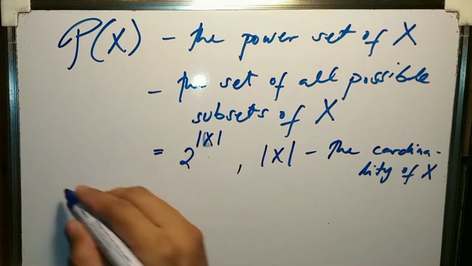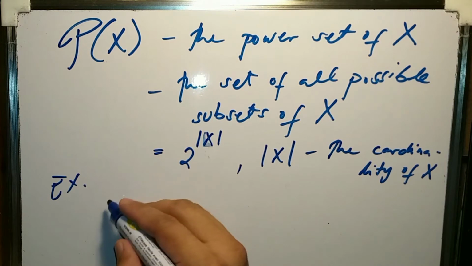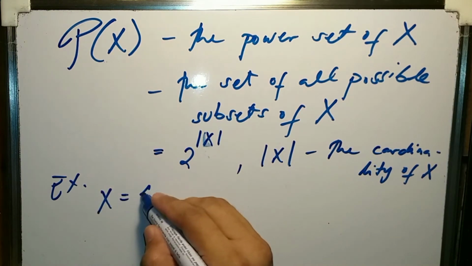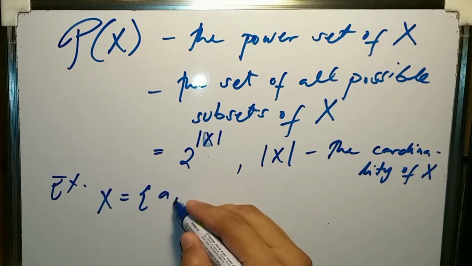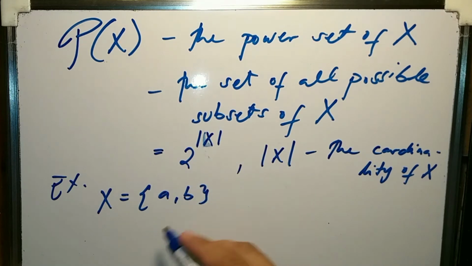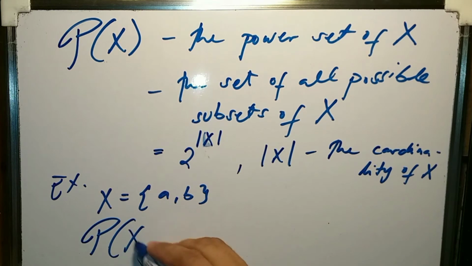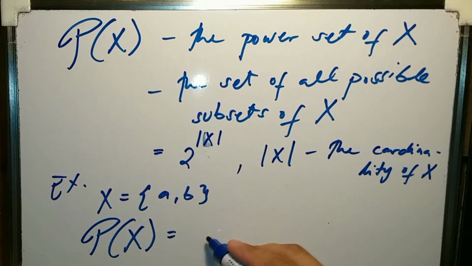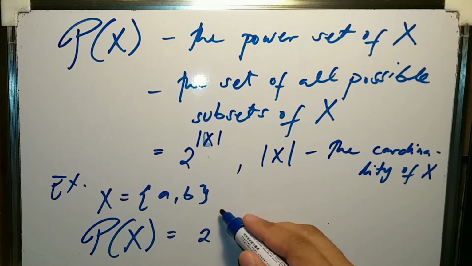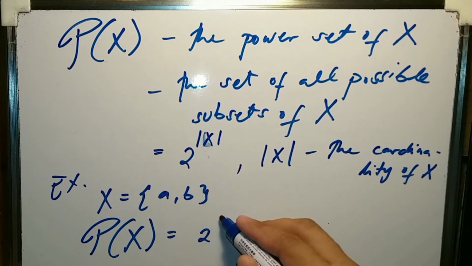So for example, if we have X be the set which has elements a and b, so the power set of X would be 2 to the cardinality of X, which is 2.